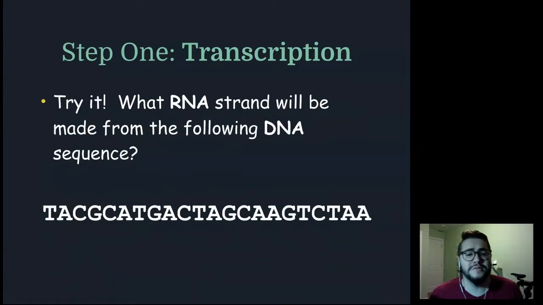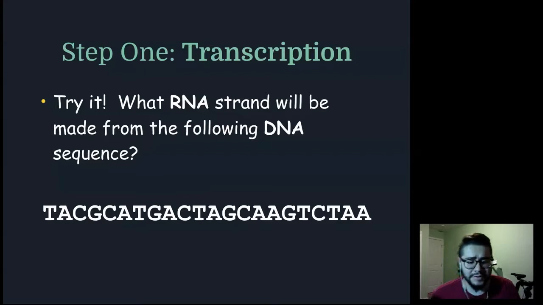So something we can do is practice transcription, turning a DNA sequence into RNA. It works pretty similar to how replication would have worked when we were trying to figure this out. So if I have one strand of DNA on your screen, you should be able to figure out the complementary strand. T bonds with A, but a key thing is there's no T in RNA.